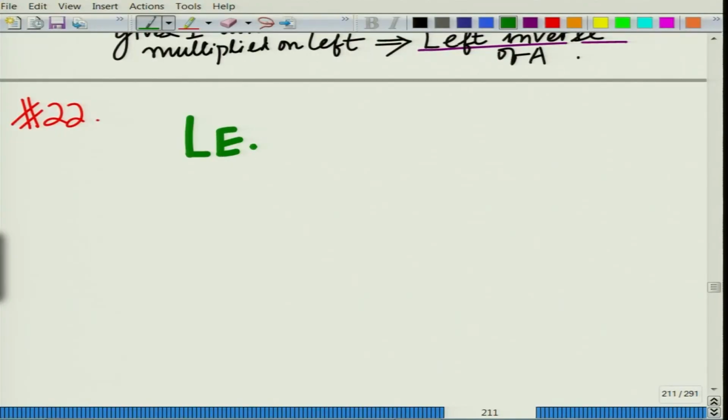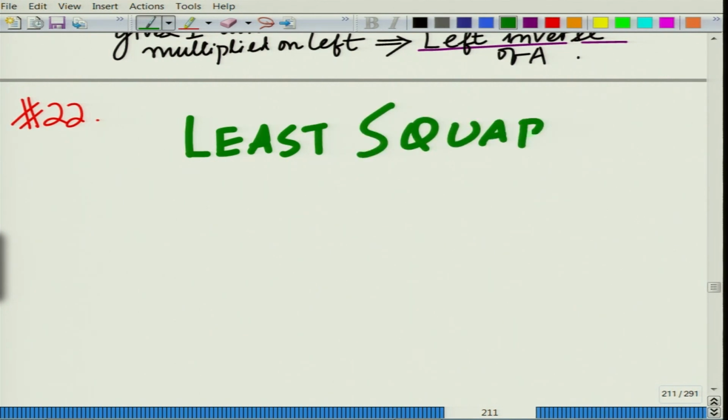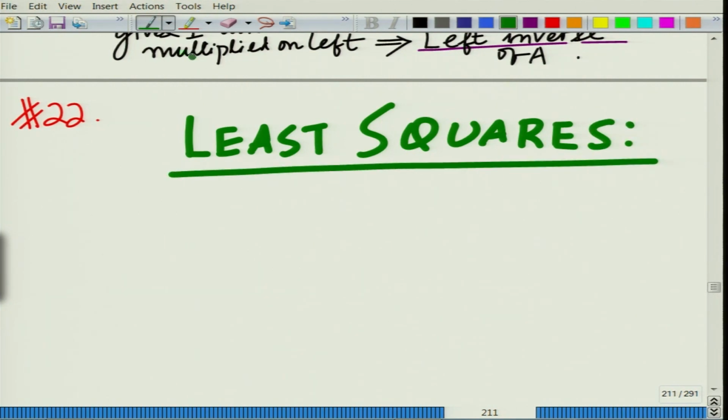So, what we want to do is take a deeper look at the least squares solution, develop a deeper understanding, get an intuition regarding what is happening in the least squares. What is the least squares all about?